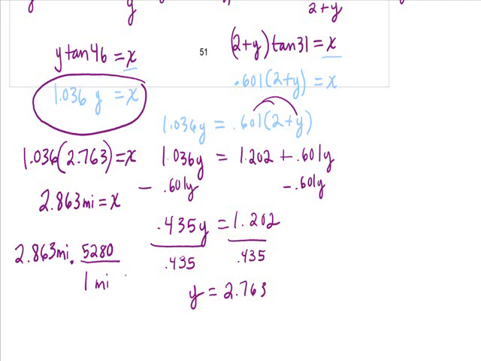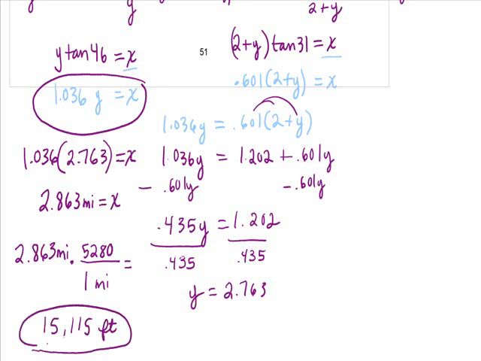So what is 2.863 times 5,280? 15,115 feet. And once again, depending on where you rounded, your answers might vary a bit, but as long as you show work, we'll be able to figure out what you got.